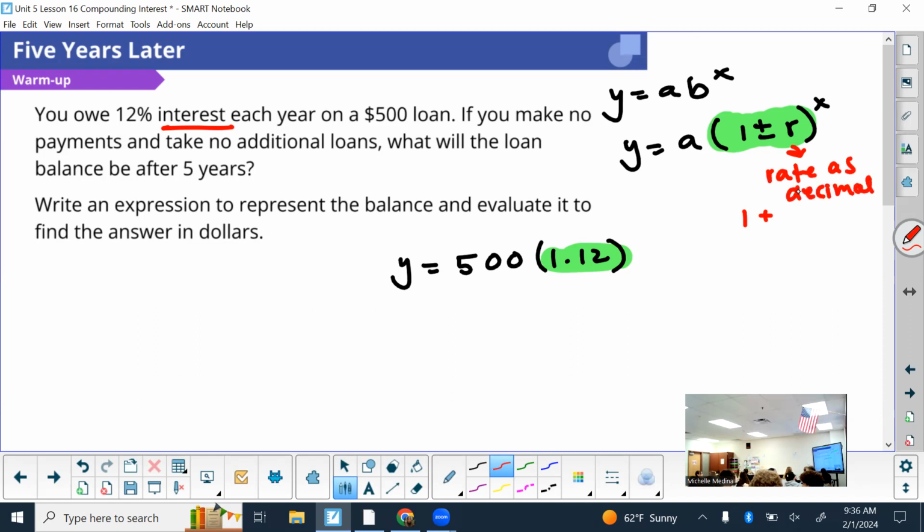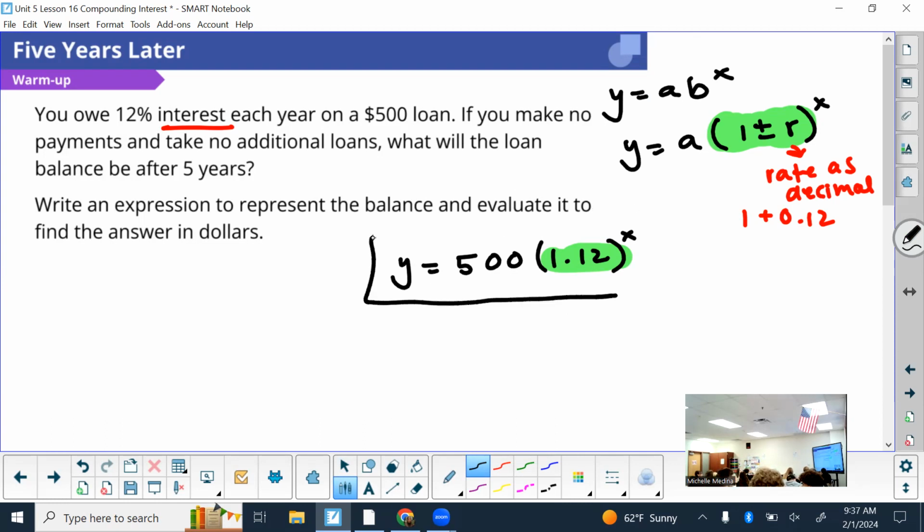So then 12% as a decimal, class, is... good. That's where we got 1.12 in the parentheses. That's why our B is 1.12. So still an exponential function, and then depending on however many years, X is usually time. This could be your expression that you made.